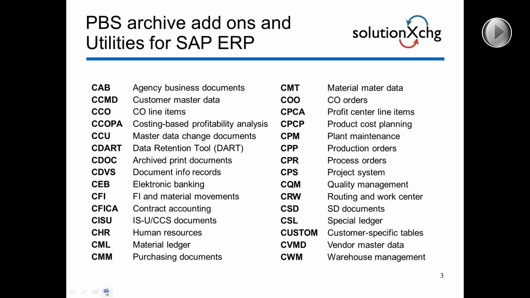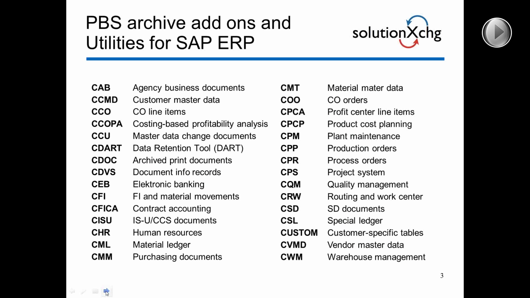These add-ons are implemented as SAP transports, so they're basically your retrieval transactions that you're used to, copied and enhanced to provide retrieval mechanisms so that the user does not get impacted and has a similar retrieval experience as they have for their online data.